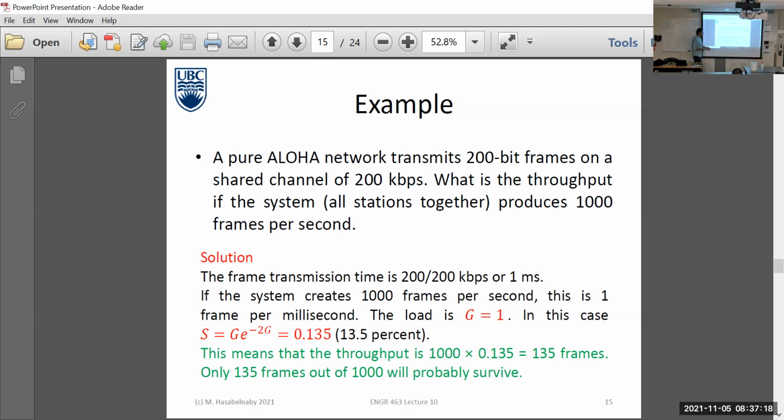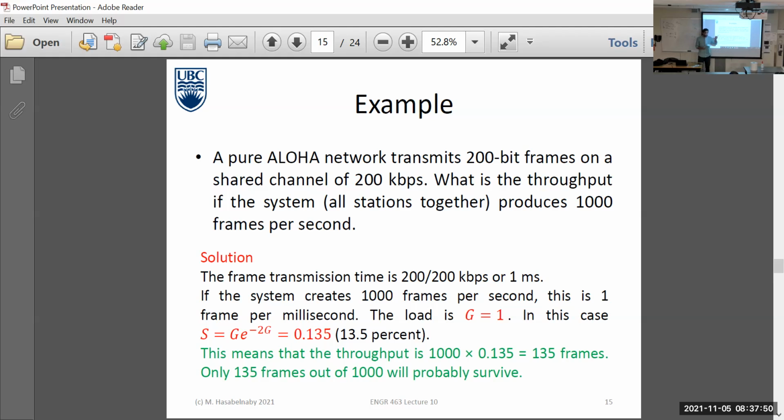We can calculate the throughput by multiplying our load by the probability of success. So G e^(-2G) with G equal to 1. Calculating this equation, our throughput will equal 13.5%. Only 135 frames will be received without any collision.